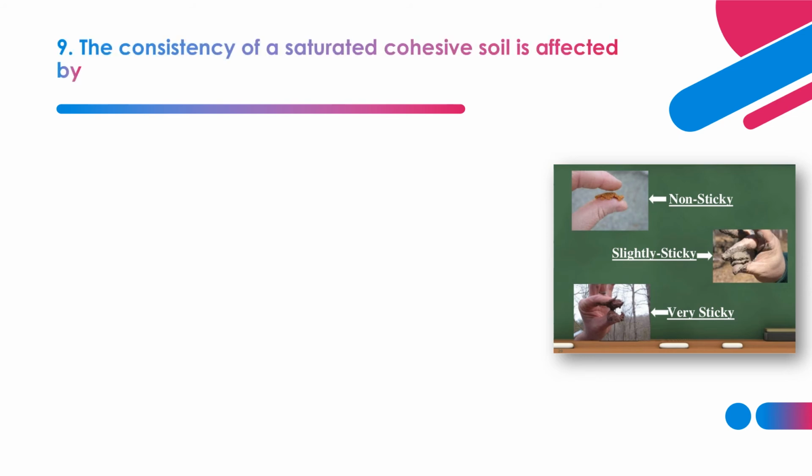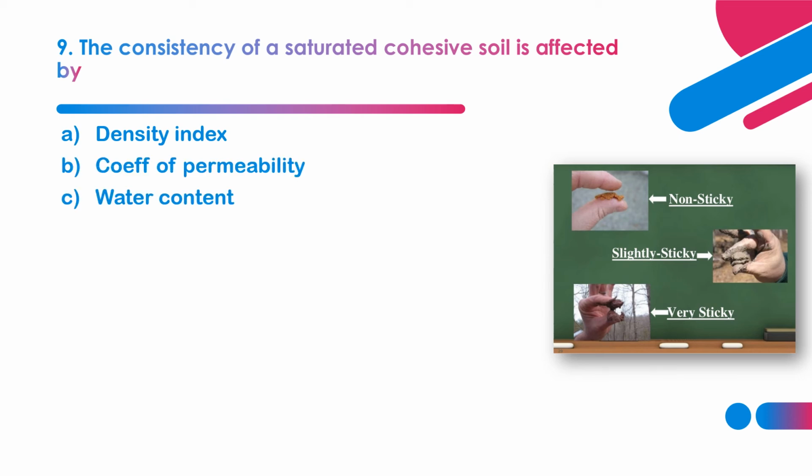The consistency of a saturated cohesive soil is affected by: option A, density index; option B, coefficient of permeability; option C, water content; option D, particle size distribution. Your time starts now. It's an easy question.